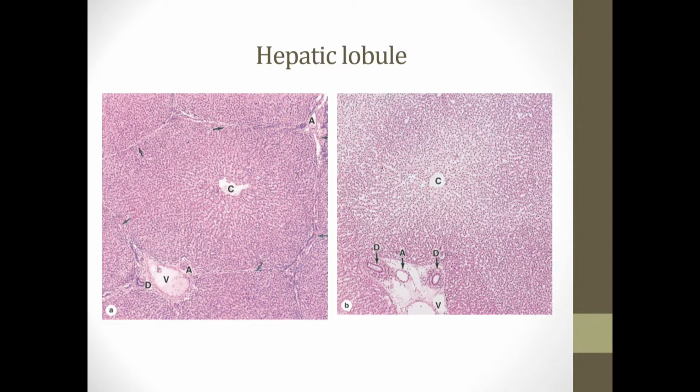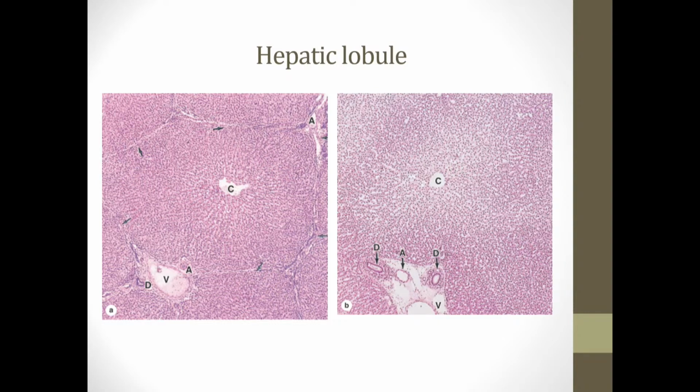So the liver is the organ between the digestive tract and blood, and the liver receives blood from two different sources, the artery and the vein. 75% of the blood the liver receives from the vein, and this is nutrient-rich blood but poor in oxygen.